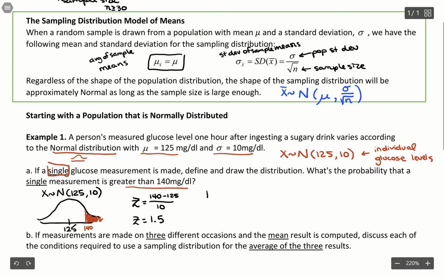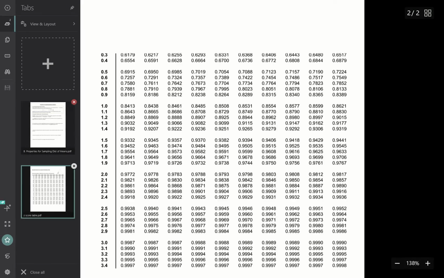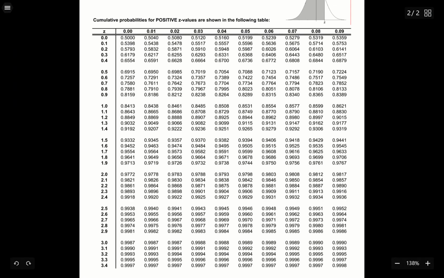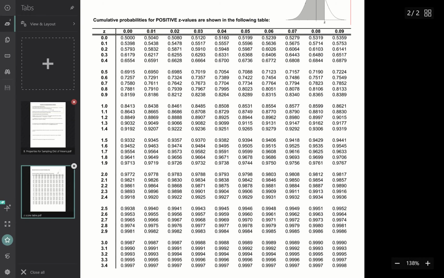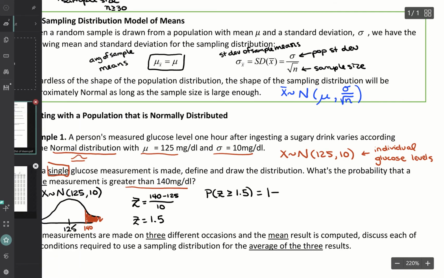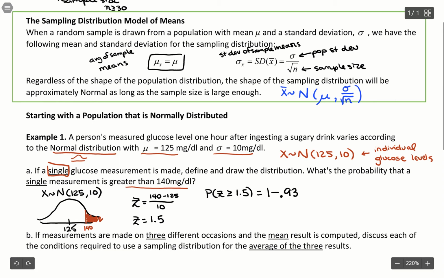And then we'll use our table to help us find the probability that z is more than or equal to 1.5. So since we're doing an area to the right, we'll need to take 1 minus, and then we go to our table and look up positive 1.5, which is landing at a 0.9332. So with that, we take the complement of that 0.9332, which will give a 0.0668.